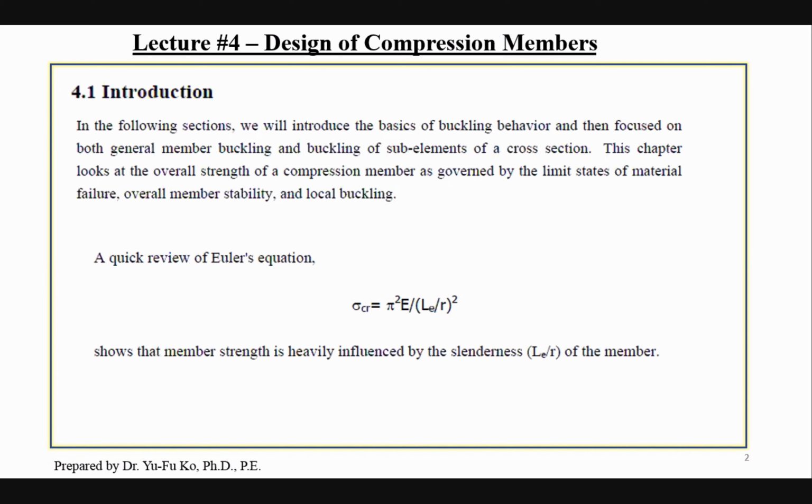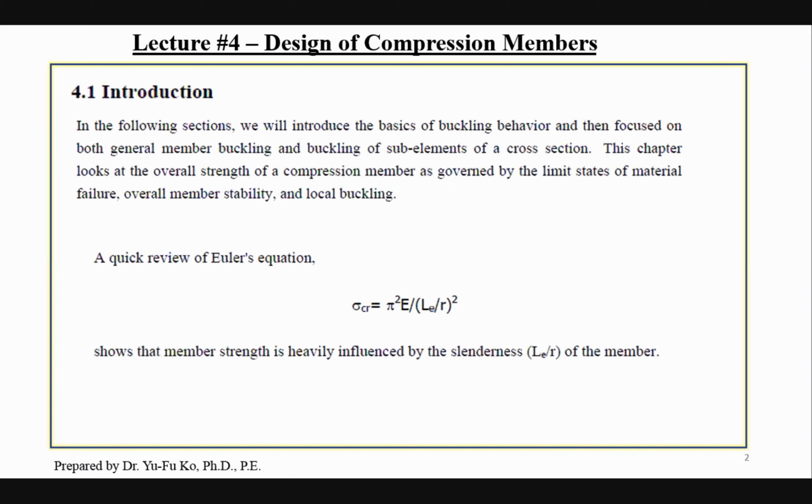And L over r, Euler gave a name called slenderness of the member. So L_E over r is slenderness of the member.